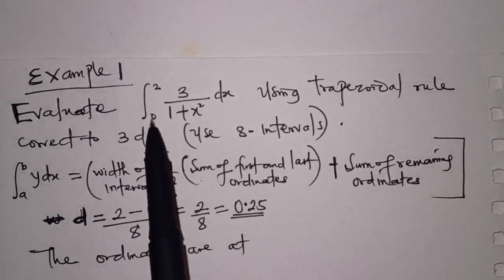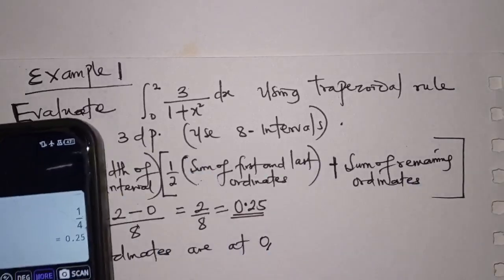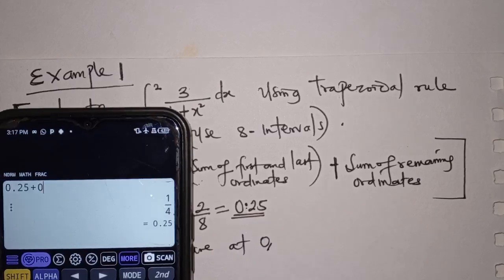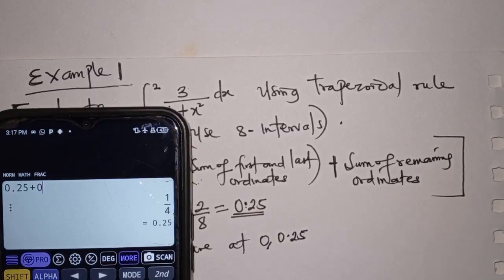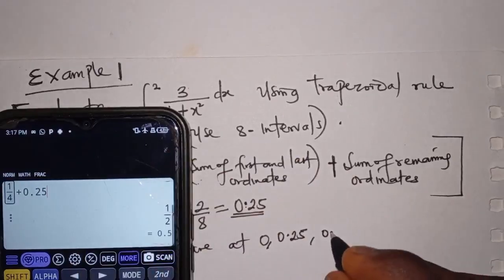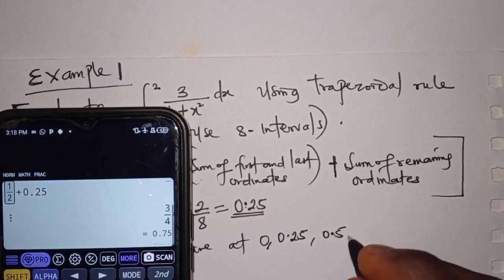The lower limit is 0. Just follow me. Then what I'll do is to add 0.25 to this 0. That's 0.25. Add 0.25 to it again, that will be 0.5. Again, that's 0.75.